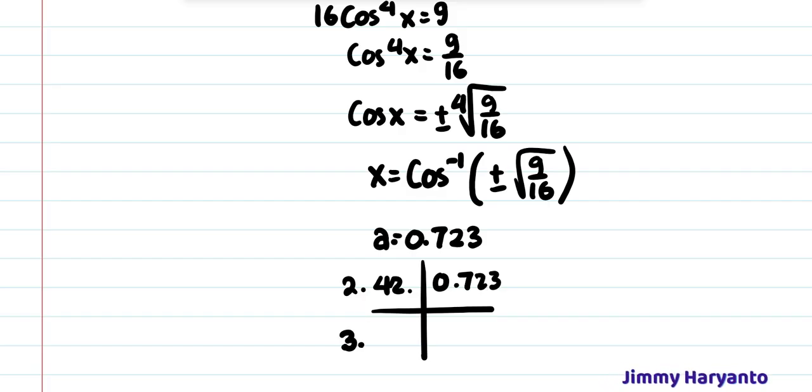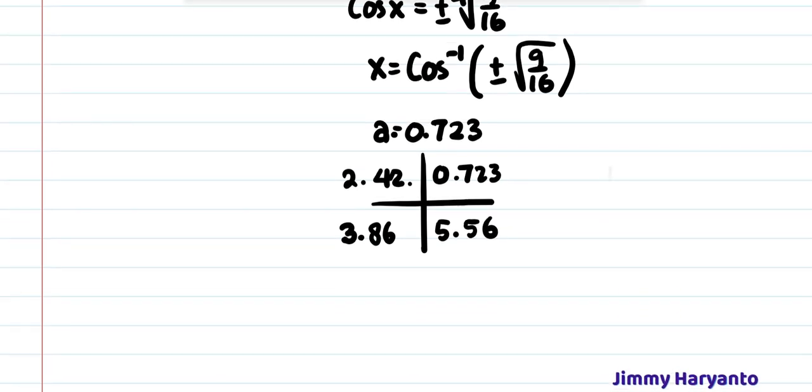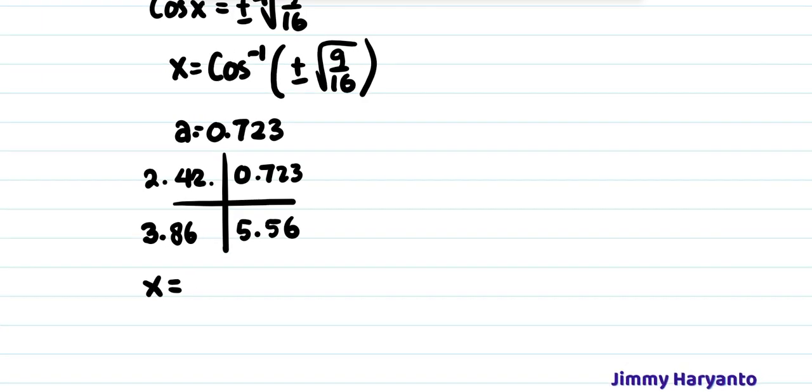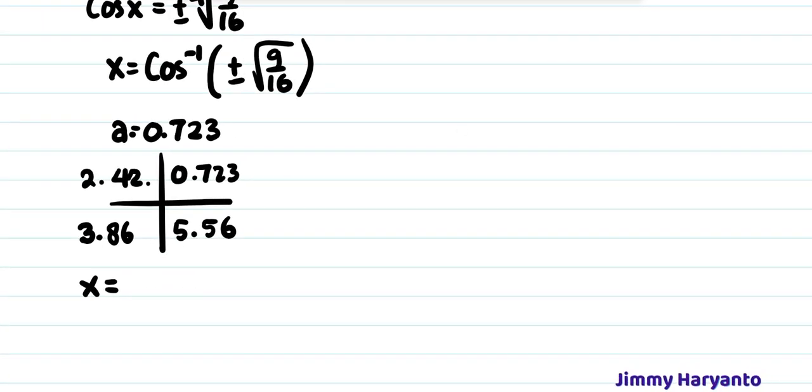And then 2 pi minus 0.723 is 5.56. Okay, this is all of them. That means x equals to, because we have negative value for the interval, that means we have to subtract it with 2 pi later.